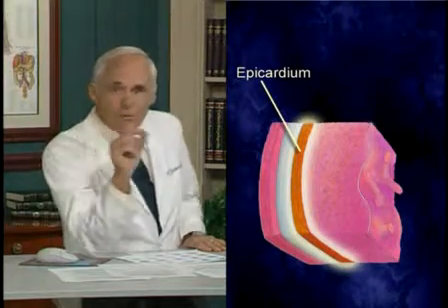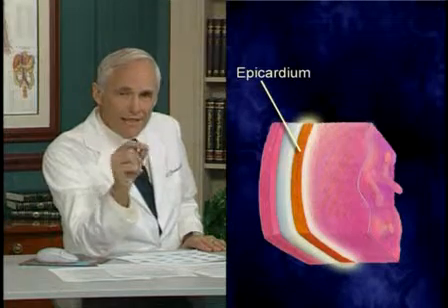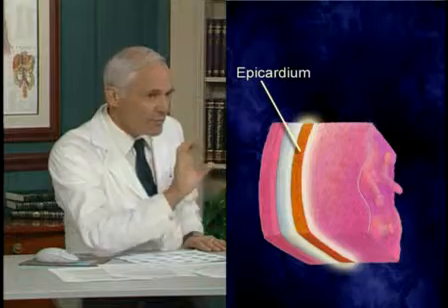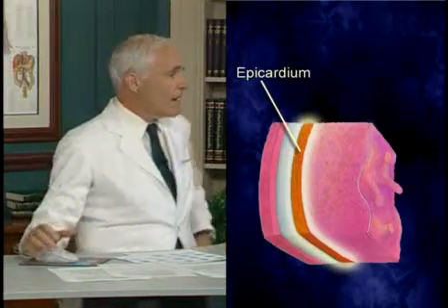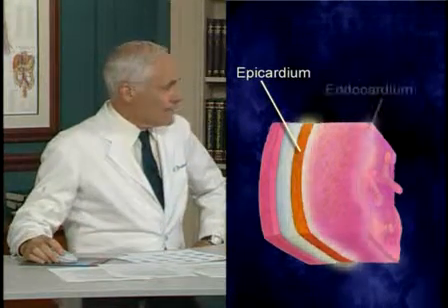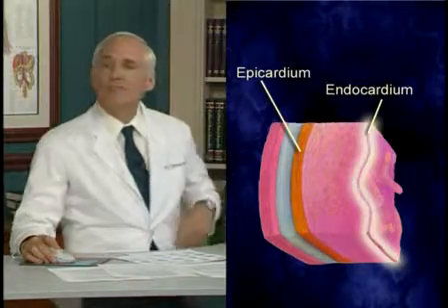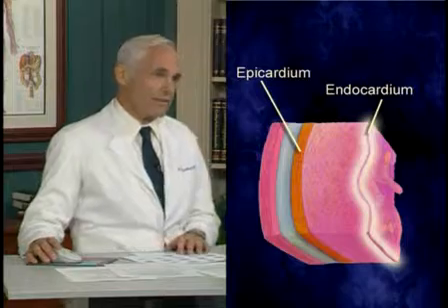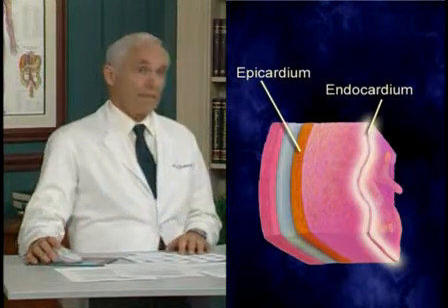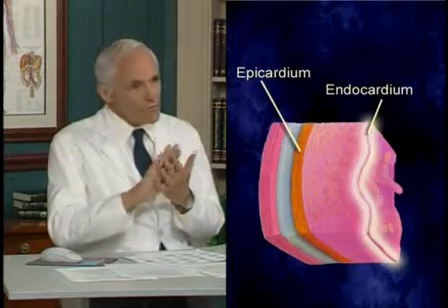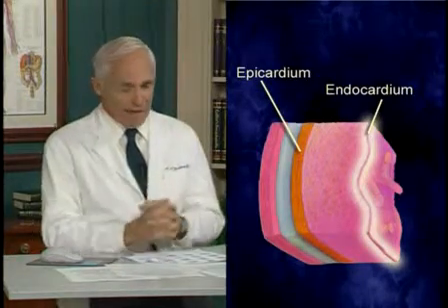And if you tried to strip it away in the dissecting room, you would actually tear pieces of heart muscle. It does not have any give. It's an integral part of the heart. On the other side, on the inner wall, is the endocardium, the inner heart lining. And this is also another very thin layer, only a few cells thick, that provides a very smooth surface for the flow of blood so that there won't be any drag.